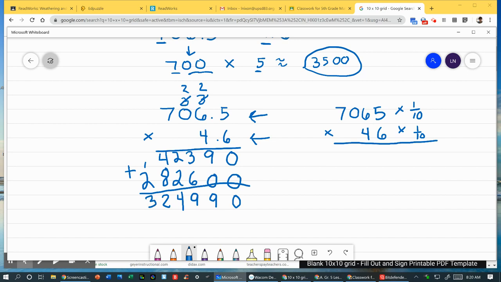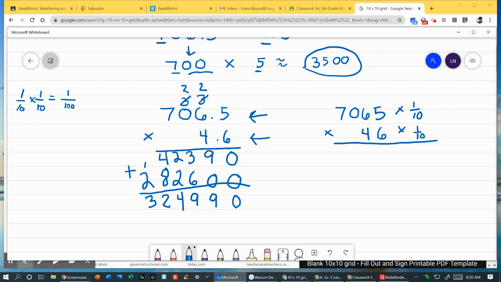Okay, now, that's a lot of multiplication, but I am not done yet. Remember that I really was multiplying 7,065 tenths times 46 tenths. And if you think about what happens when you multiply 1/10 times 1/10, you know you would get 1/100.